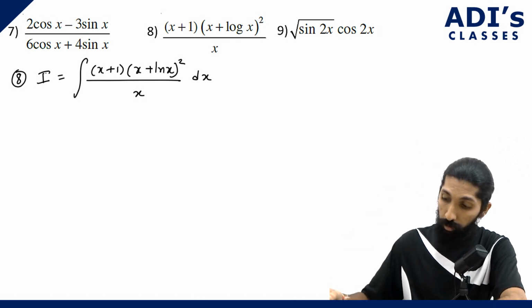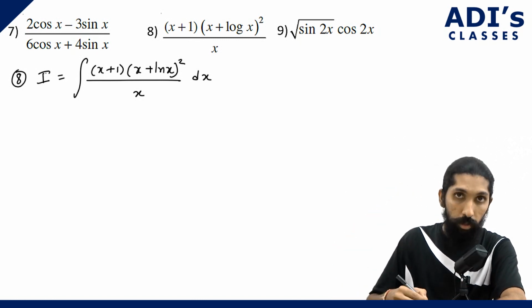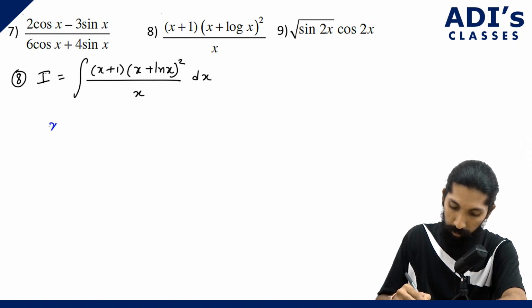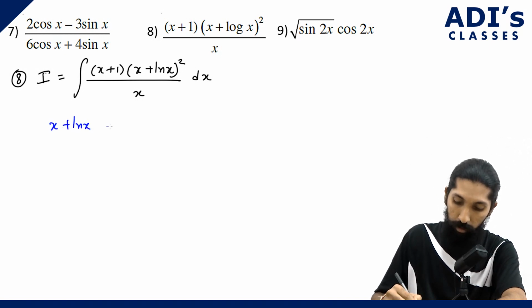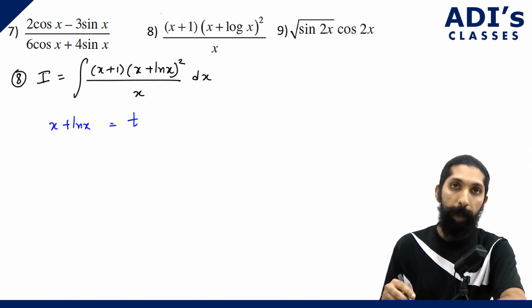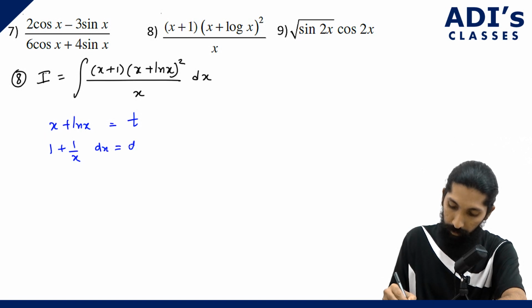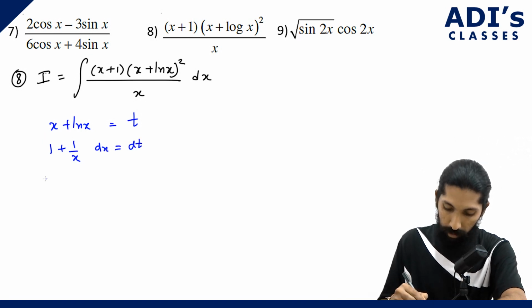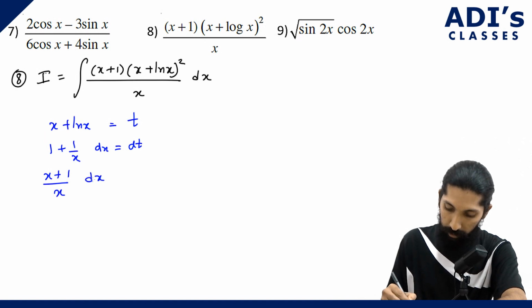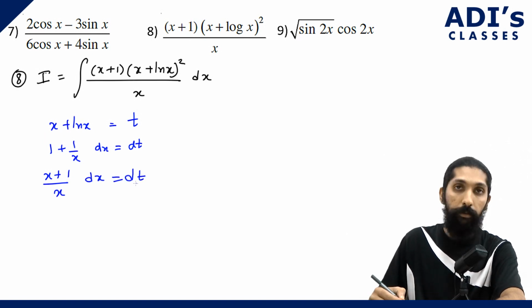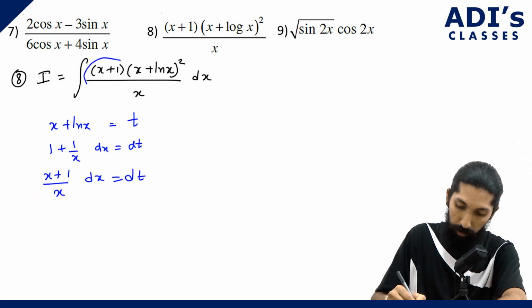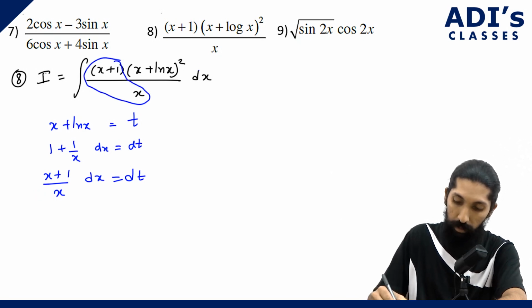So what you do, you take the substitution as x plus log x function, call it as t. So you'll get 1 plus 1 by x dx is dt, or you can write this as x plus 1 divided by x dx is dt.